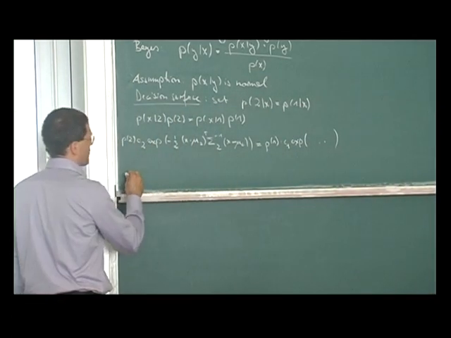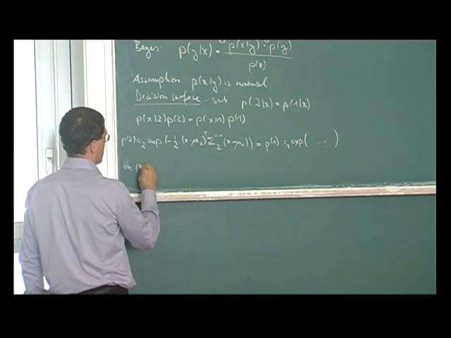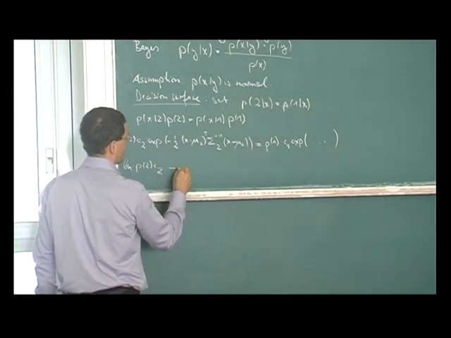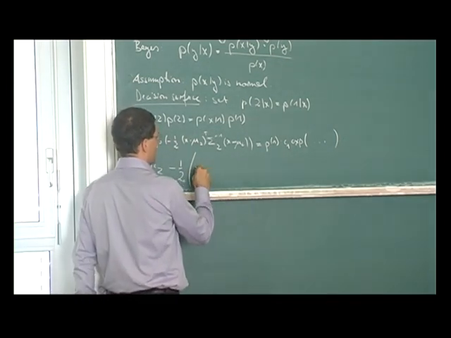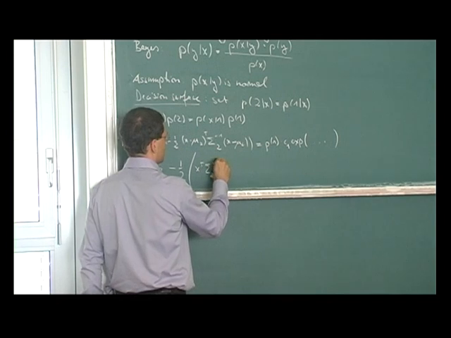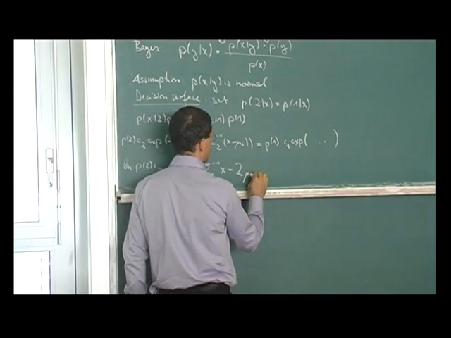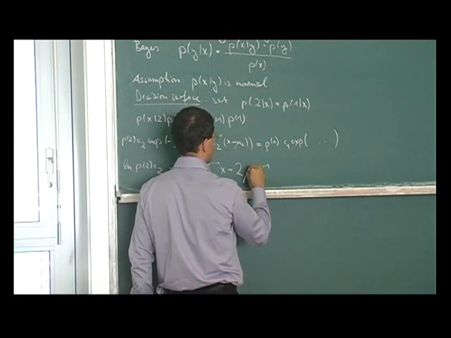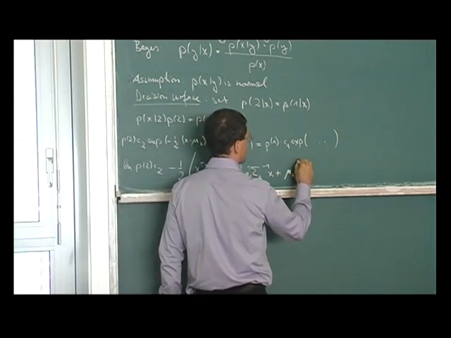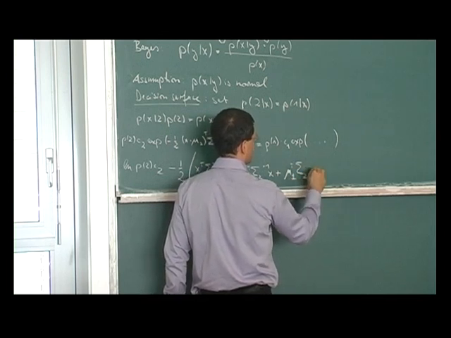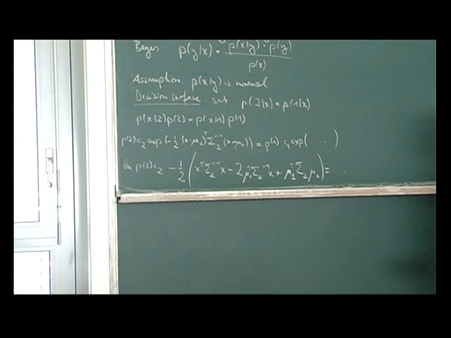So I'm taking the natural logarithm, and I then find that now we have the term which is quadratic in x, terms which are linear in x, and scalar terms here. And something similar on the right-hand side.